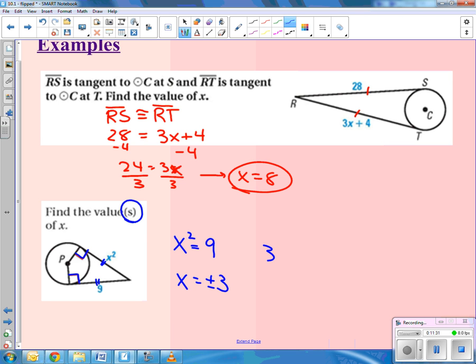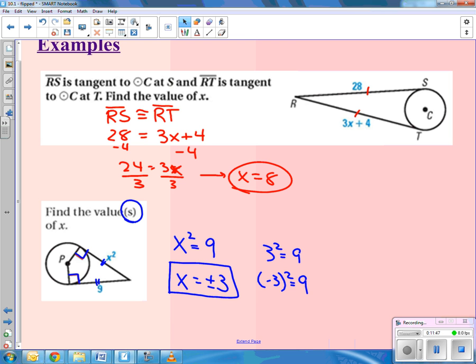So 3 squared equals 9, and negative 3 squared equals 9, which means that this has 2 answers. X can be either 3 or negative 3, and we write that by using a plus minus symbol, which I have right in front here, meaning both positive and negative answers work.